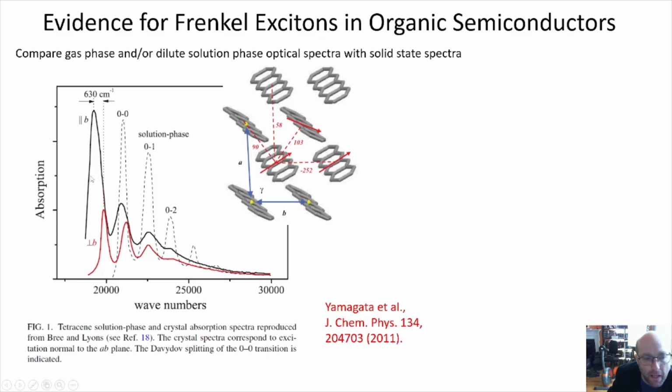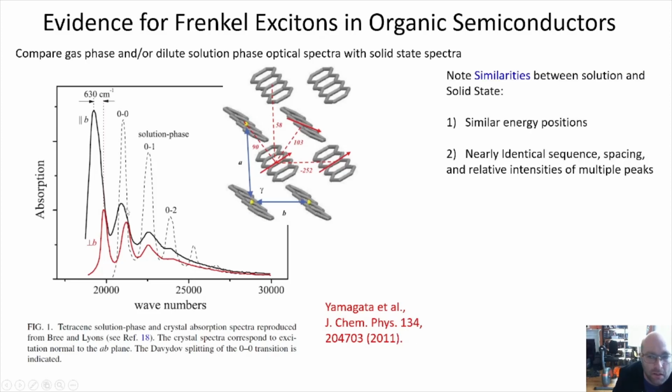So the black curve is polarization of light parallel to the B axis of the unit cell, and the red curve is polarization perpendicular to the B axis of the unit cell, so along A. And so you get basically almost replicas of the solution phase spectra, 1, 2, 3, 4 peaks, 1, 2, 3, 4 peaks, shifted in energy and slightly polarization dependent.